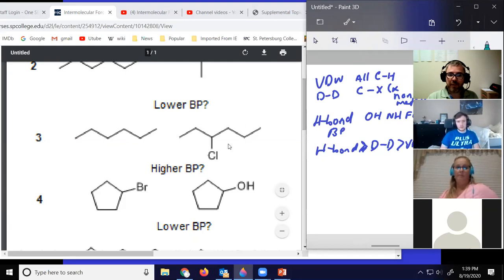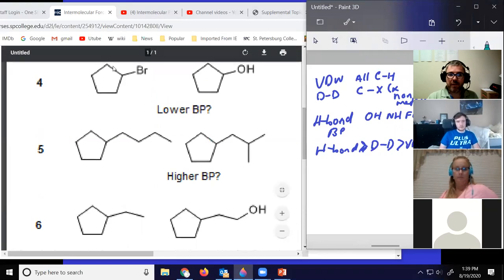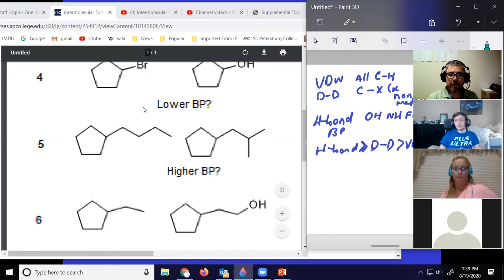The higher boiling point is going to be the dipole-dipole. Any questions? Okay, this one here, CX, dipole-dipole. This one here, OH, hydrogen bonding, lower boiling point, dipole-dipole. You're with me? Yes. Okay.